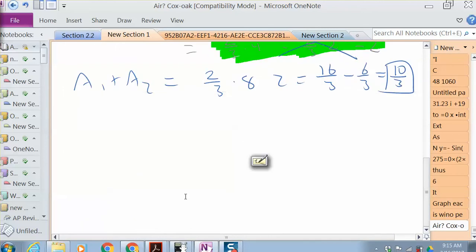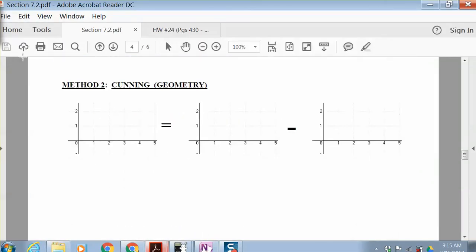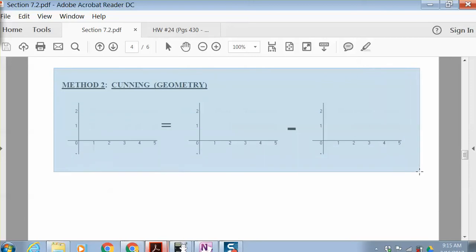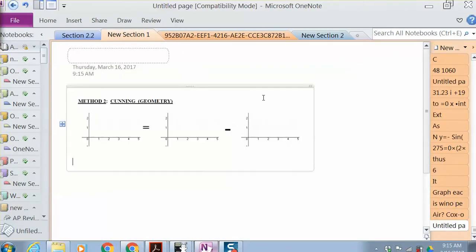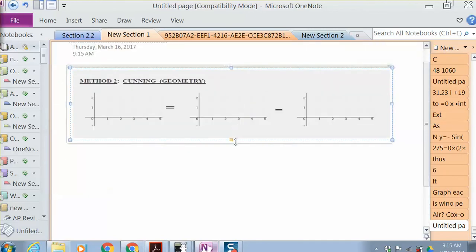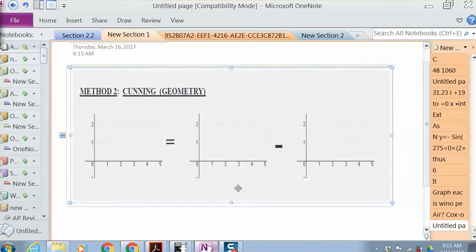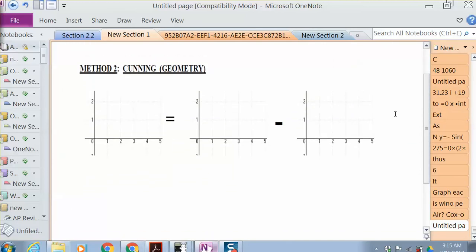So now there's another way you can do this. It doesn't always work this way, but for this particular situation, it does. So using cunning geometry, or you could just say clever, or just being really smart with the geometry. This is our region again, right? The region looked like this.